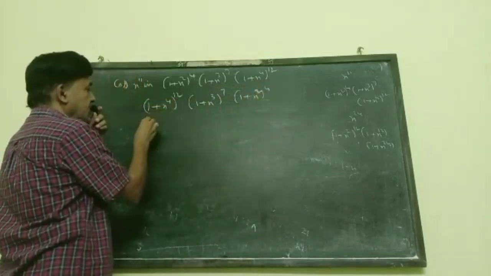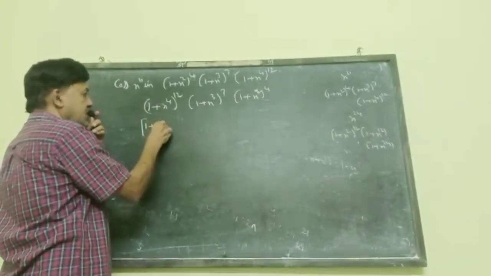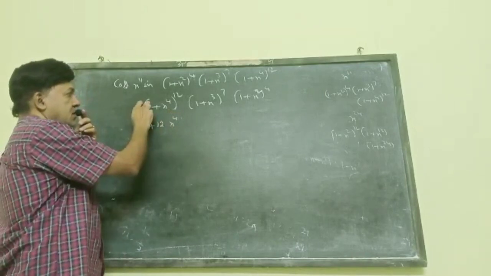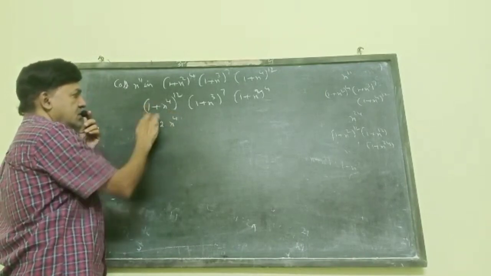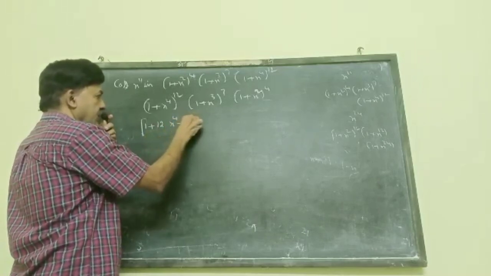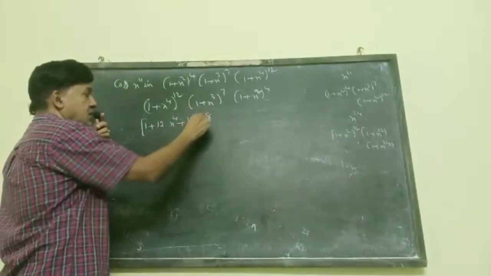See, when you expand this, what will you get? 12C0 1^12, 12C1 x^4, plus 12C2 x^8.